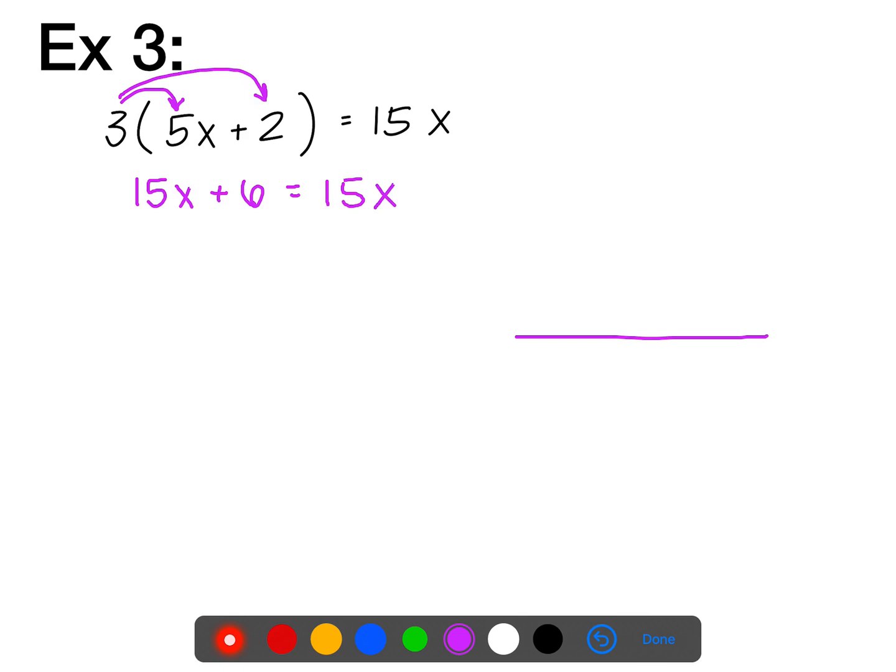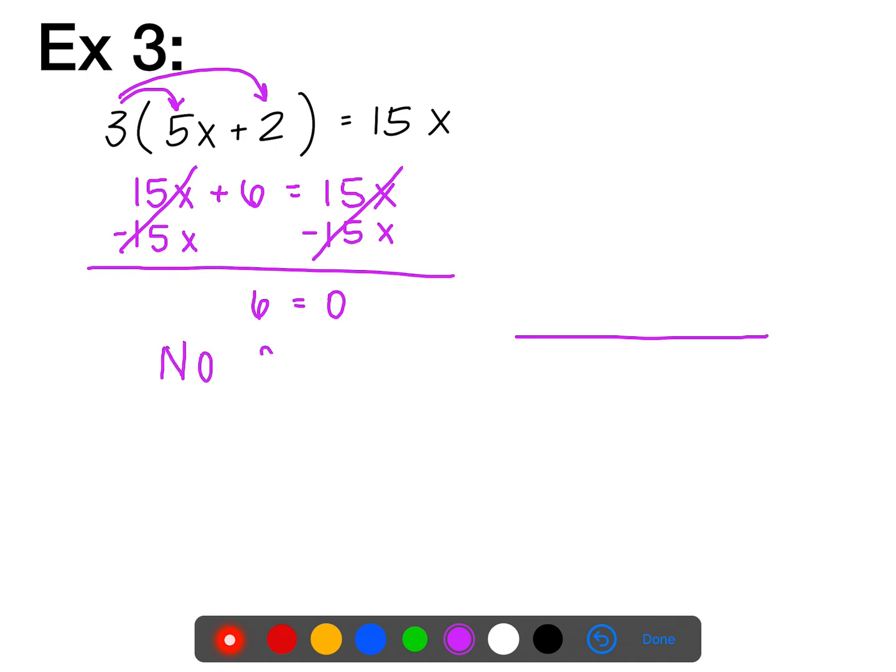I don't have any like terms, but I do have variables on both sides, so I need to move them. In order to get rid of this 15x, I'm going to subtract it. So I subtract 15x on the right side. When I do that, I end up with just a 6 on the left and nothing on the right. So now I have 6 equals 0, which I know 6 doesn't equal 0. So that tells me that this equation has no solution.